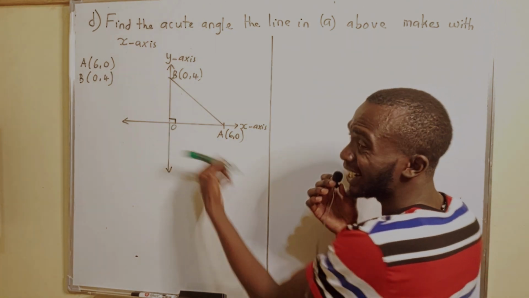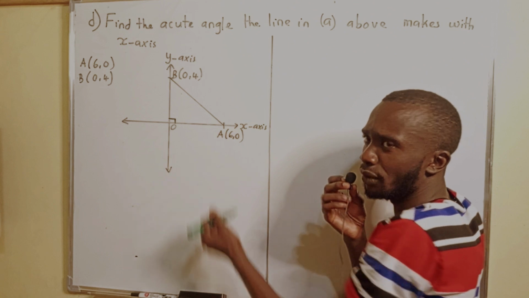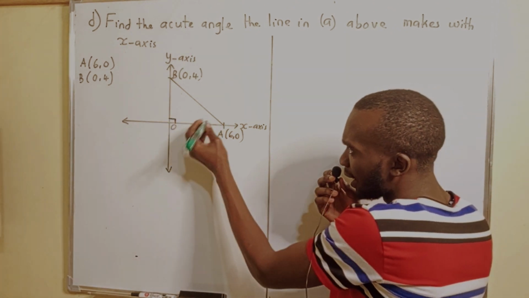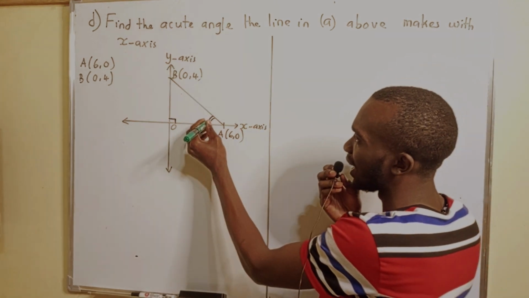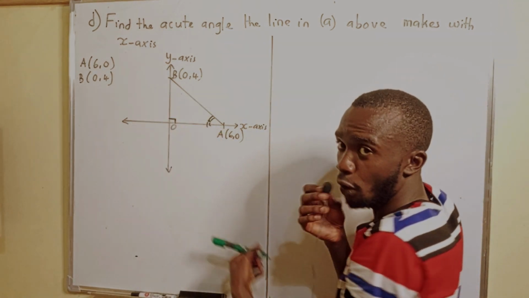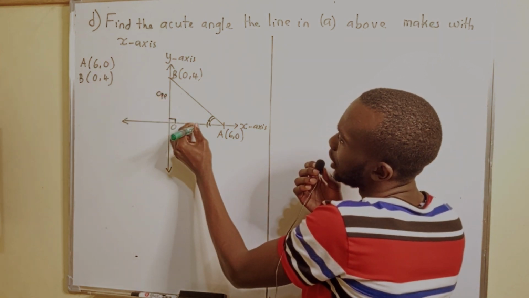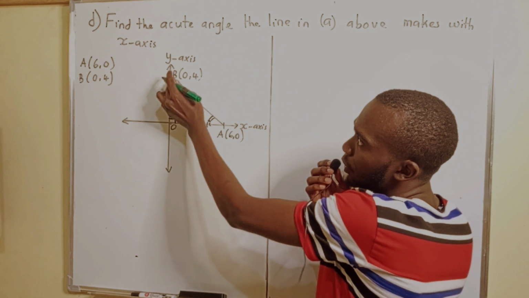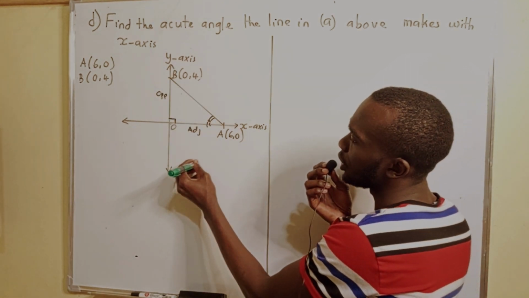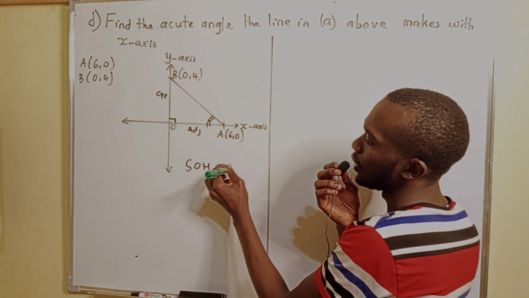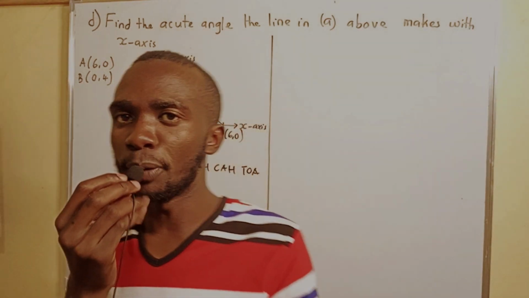From the Cartesian plane, this is the x-axis, the horizontal axis, and then the vertical axis, the y-axis. The x-axis and the line make this angle. If this is theta, I always look at the opposite side. So this becomes the opposite and this becomes the adjacent. The opposite is 4 units and the adjacent is 6 units. From the knowledge of SOHCAHTOA, the only rule that deals with opposite and adjacent is tan.